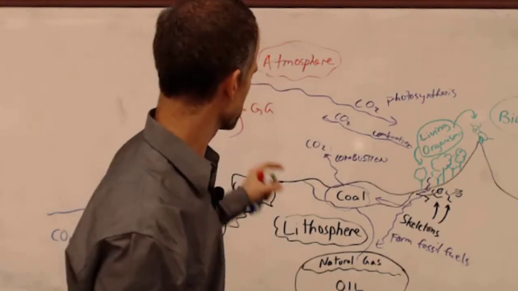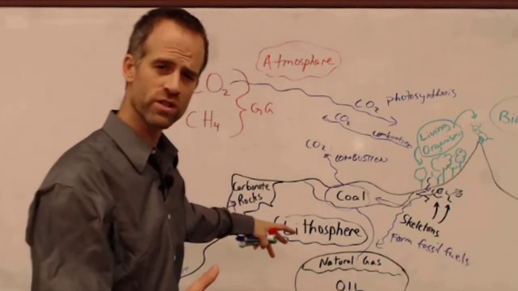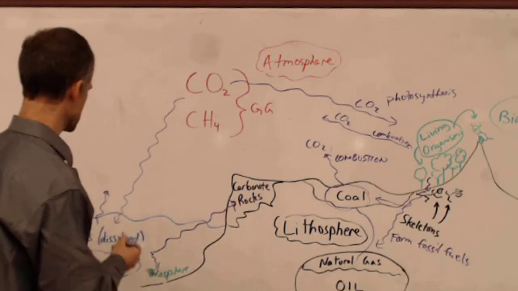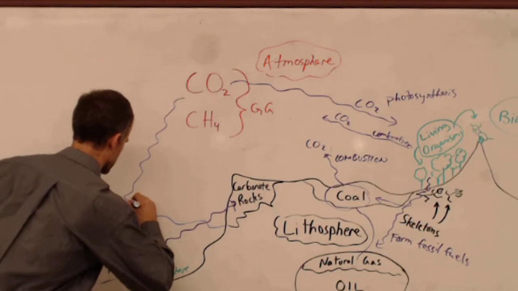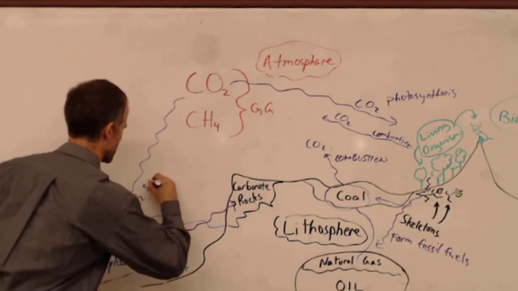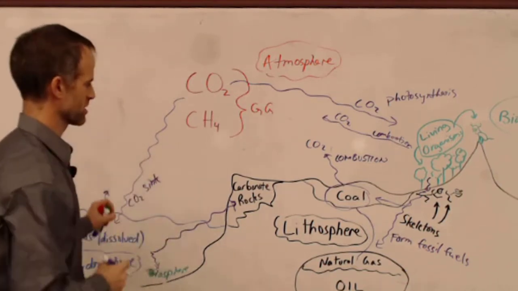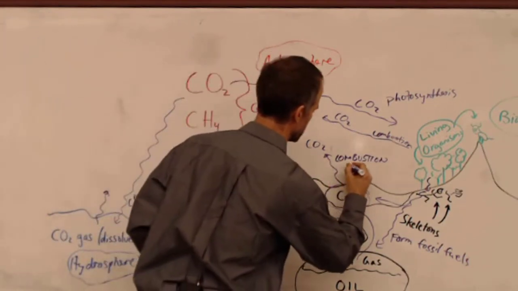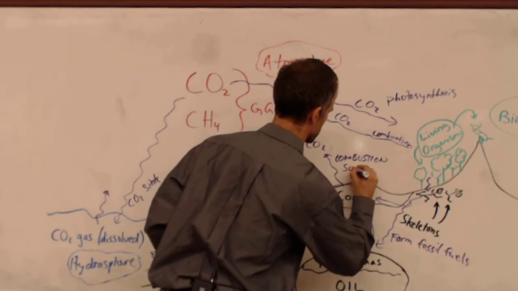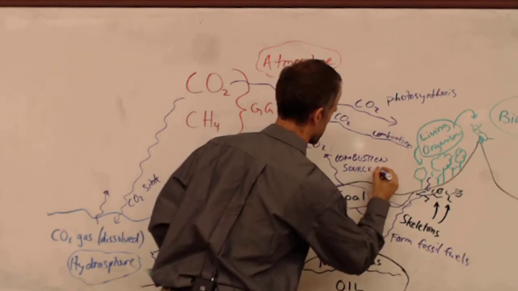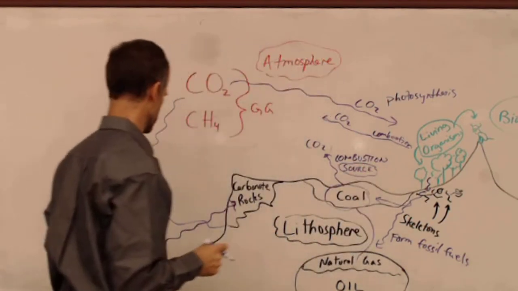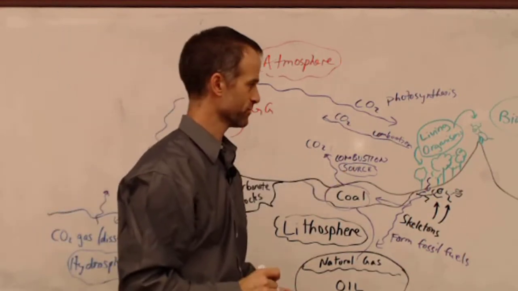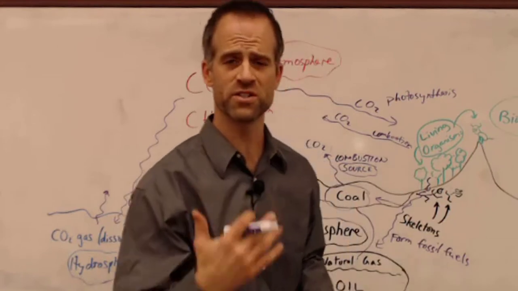However, when something absorbs or stores carbon dioxide, we call it a sink. So this is a CO2 sink. It captures carbon dioxide. However, combustion is a source of CO2. You should know those two terms, a sink and a source. Forest fires are a source of CO2.